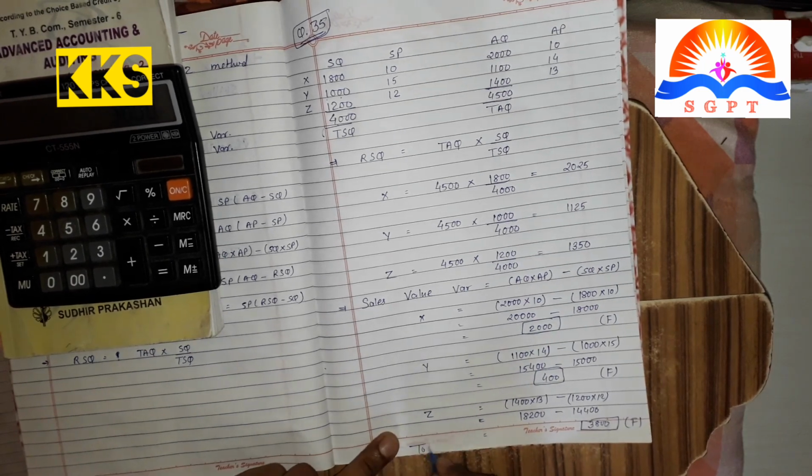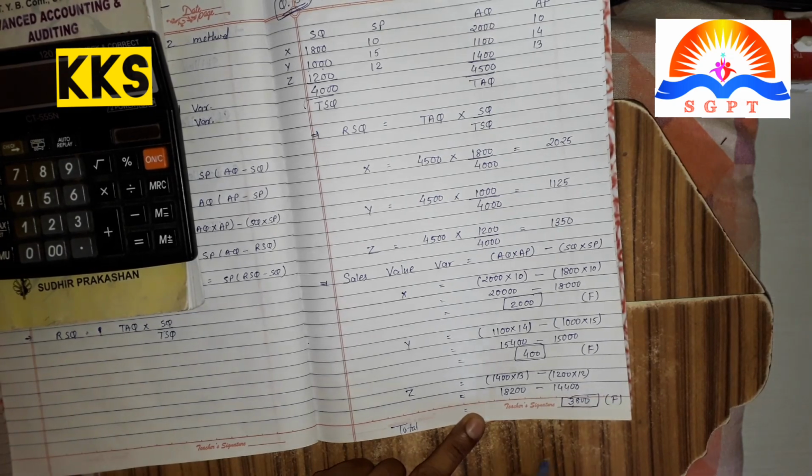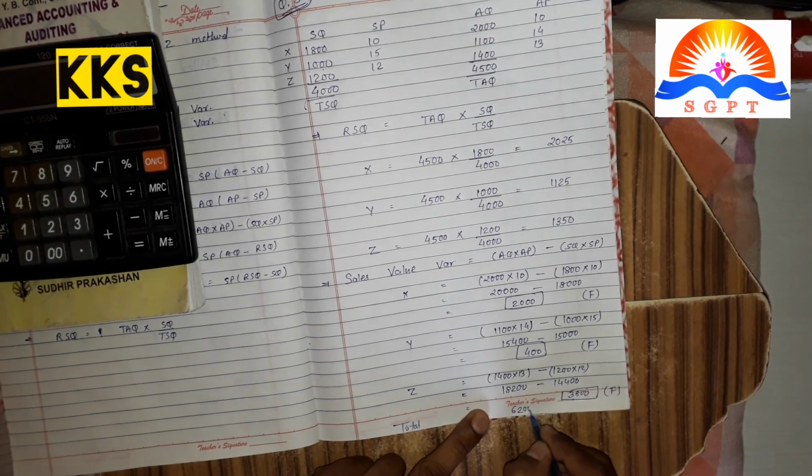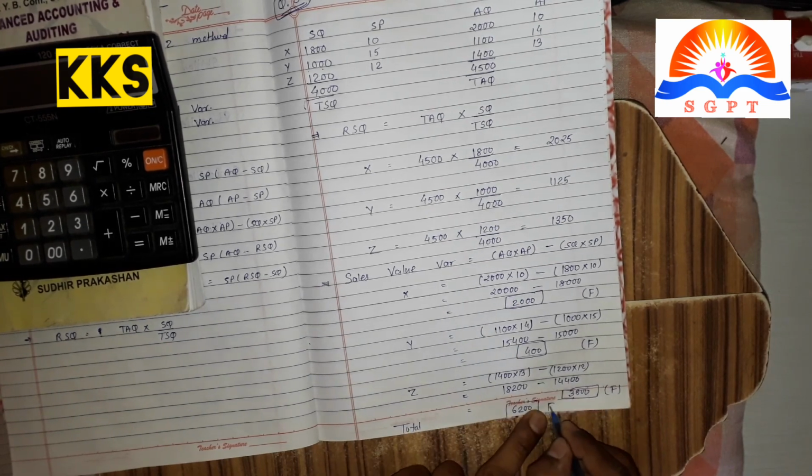So the total will be 38 plus 4, 42, that is 6,200 favorable.